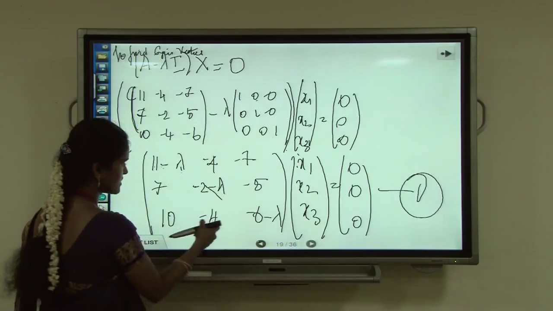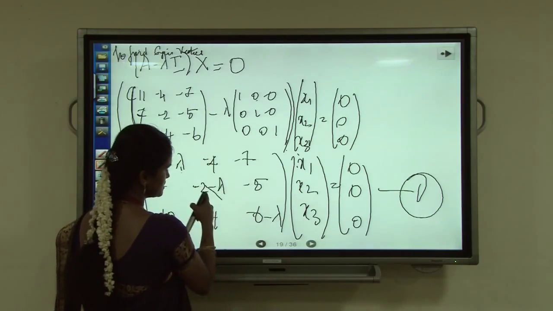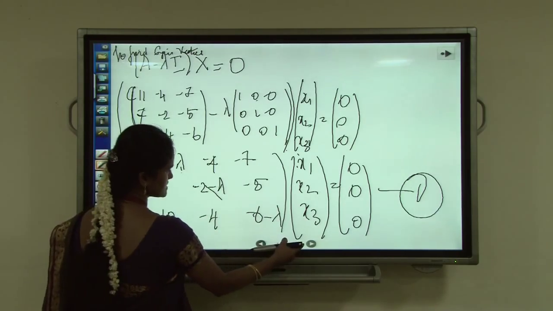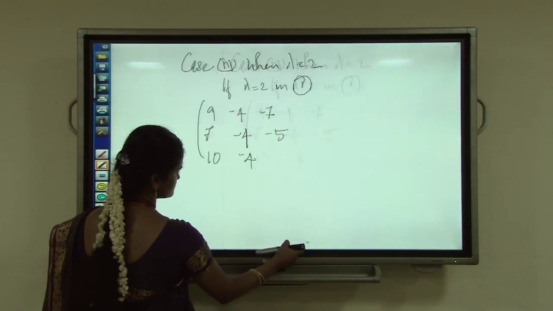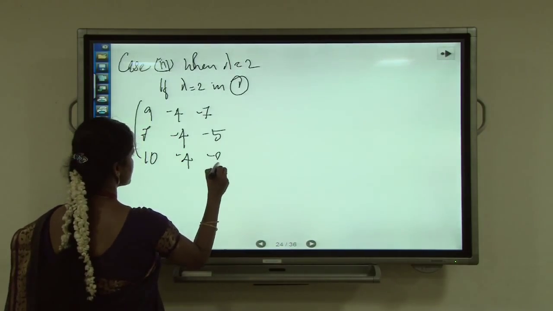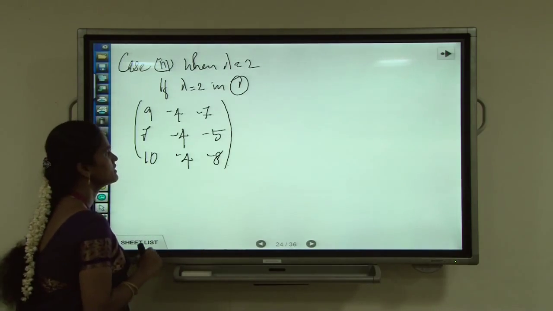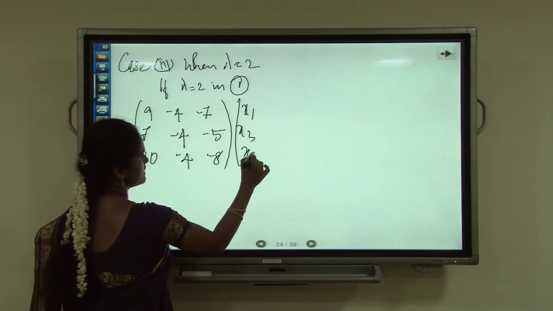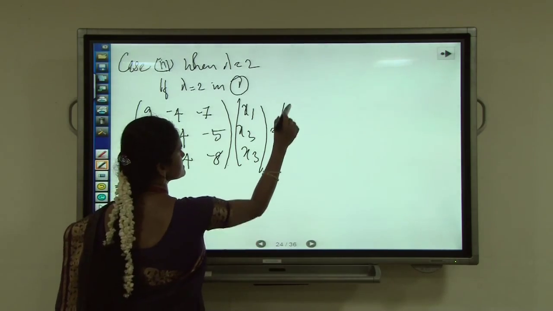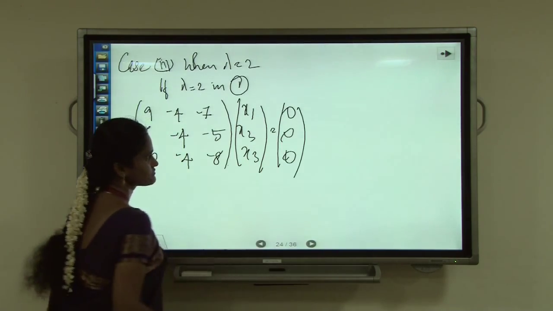This is what your equation is, minus 6, minus 2. So here it is minus 4, here it is minus 8 you will get. It's going to be minus 8. Now into x1, x2, x3, which is equal to 0, 0, 0.